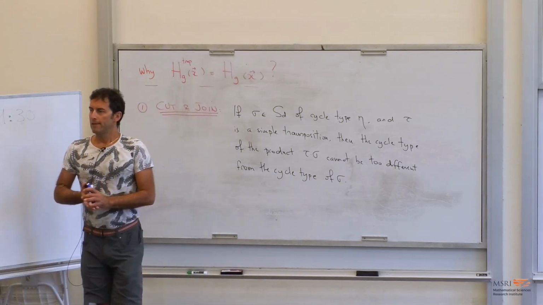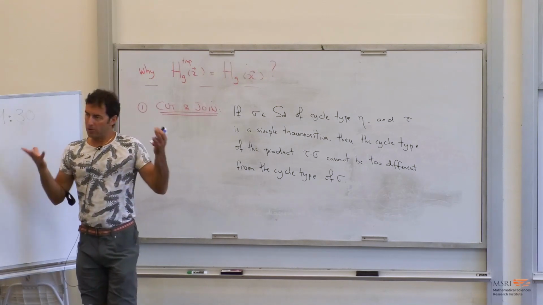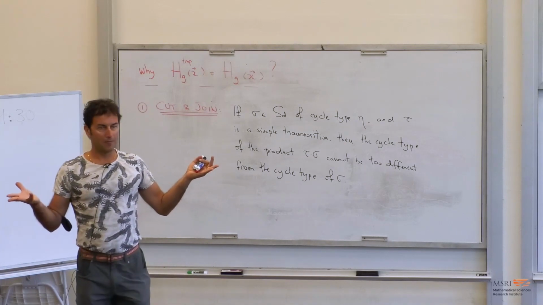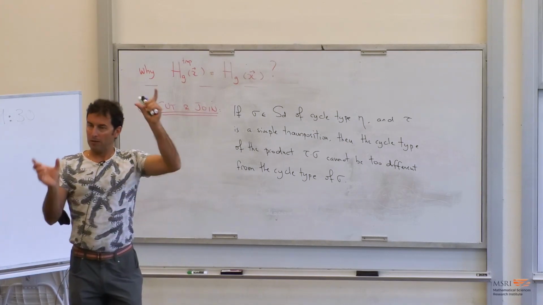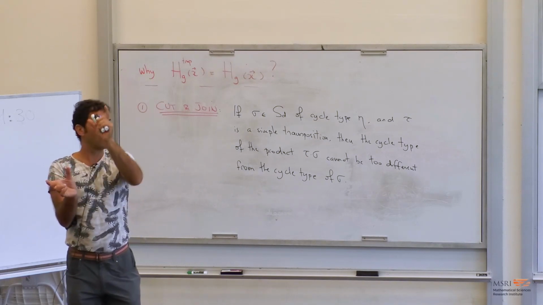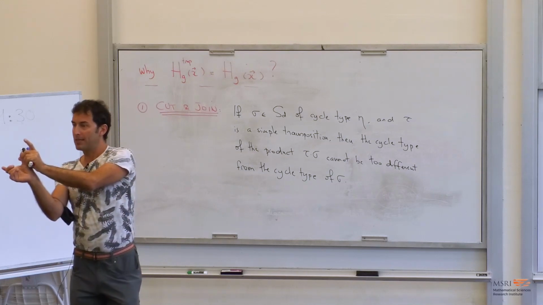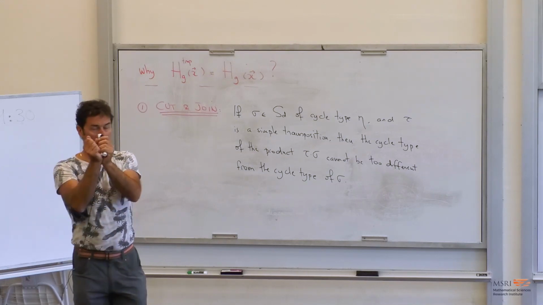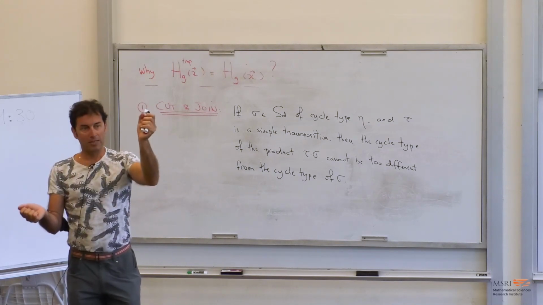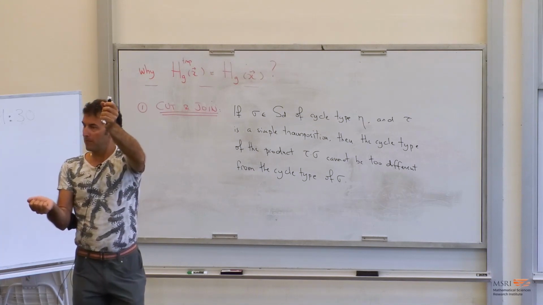Okay? It's a simple exercise to see that only two things can happen. Either you can join two cycles of sigma: instead of an m-cycle and an n-cycle of sigma, you get an (m plus n)-cycle. Or you can split a cycle of sigma: instead of an m-cycle, you end up with an m1-cycle and an m2-cycle.